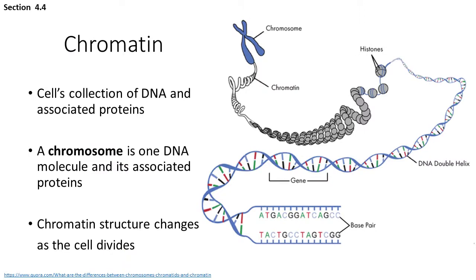Chromatin is the cell's collection of DNA and associated proteins. A chromosome is one chromatin molecule and all of its associated proteins. The chromatin structure changes as the cell divides.